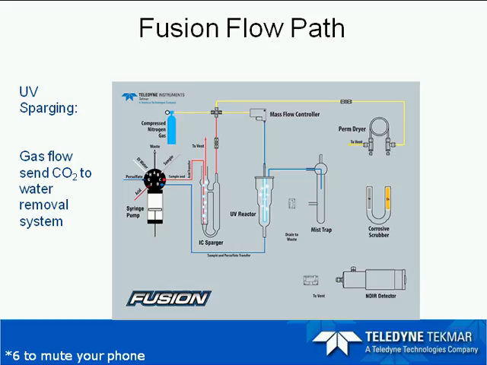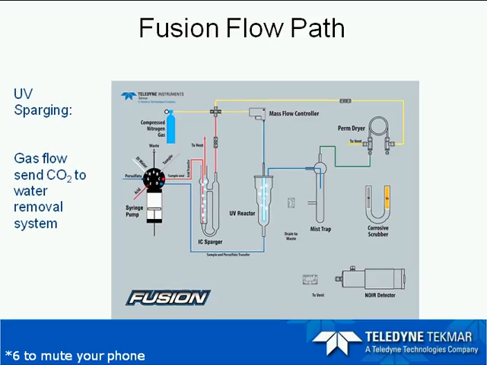So once the gas vapor hits the side walls of the mist trap, the CO2, which still contains some more moisture, is transferred by the nitrogen gas over to our perm dryer.